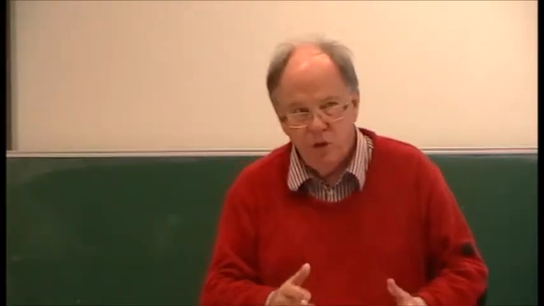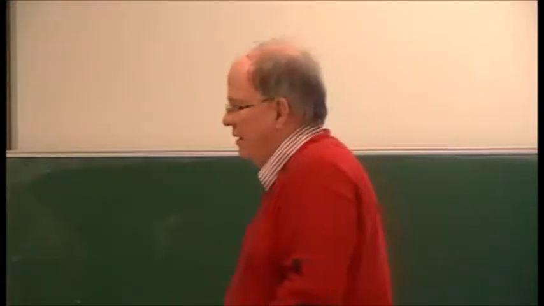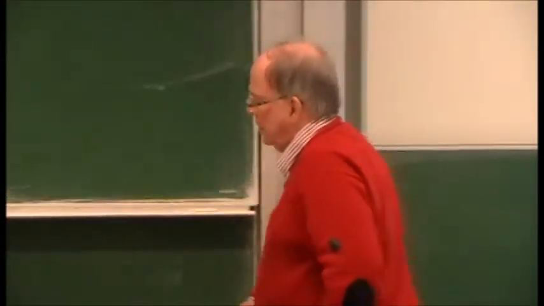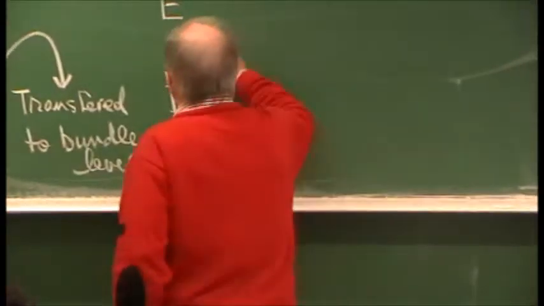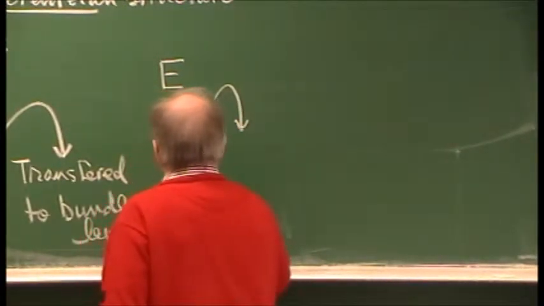Physics thinking frees you up a little bit because nature is so complicated, we don't need to be exact at first, we just have to have some idea what we might be able to do. So you start with some vector bundle.